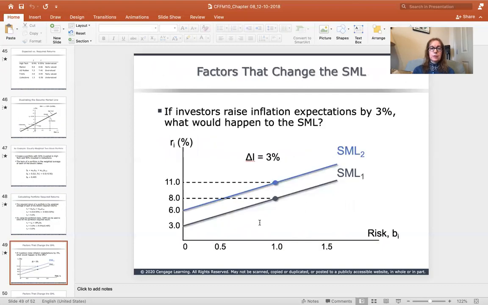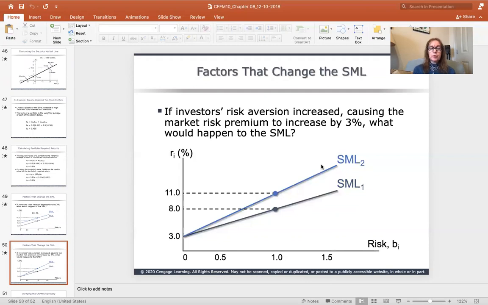This is just saying, what if inflation raised the risk-free rate? Then the security market line is going to move up at all levels by 3%, if inflation were 3% and interest rates went up 3%. What if risk aversion increased? This probably happened. There have been some studies showing that after the recession of 2007 to 2009, risk aversion did increase.